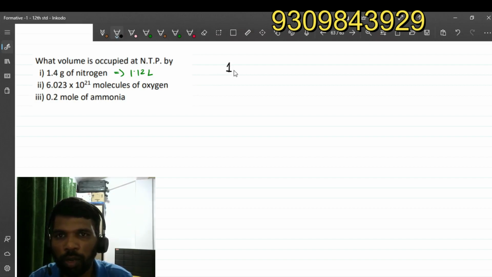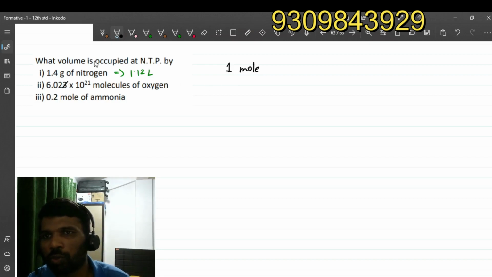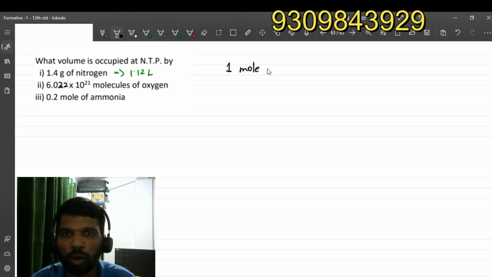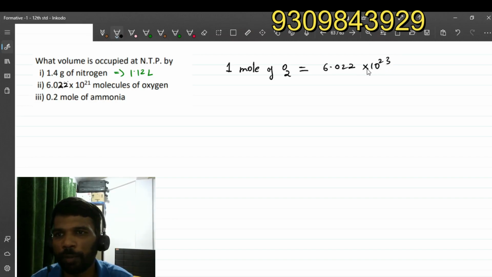So one mole of oxygen, O2, will have how many molecules? 6.022 into 10 raised to 23.